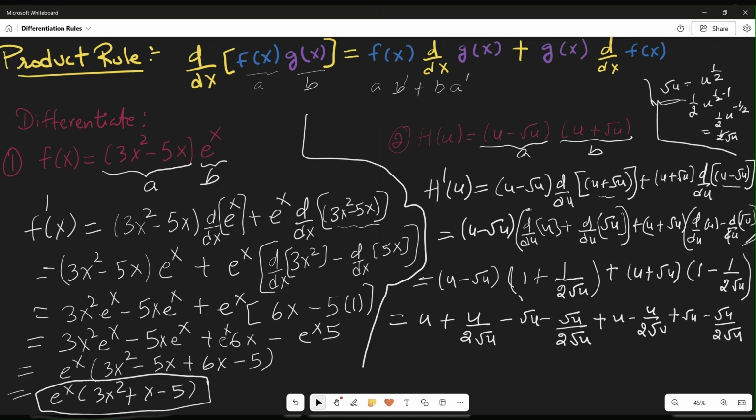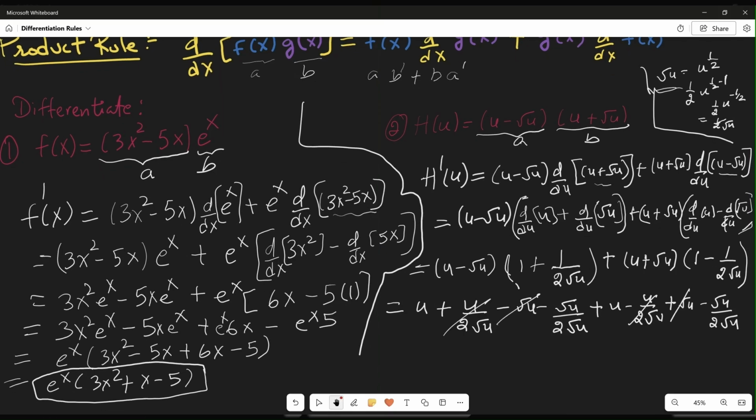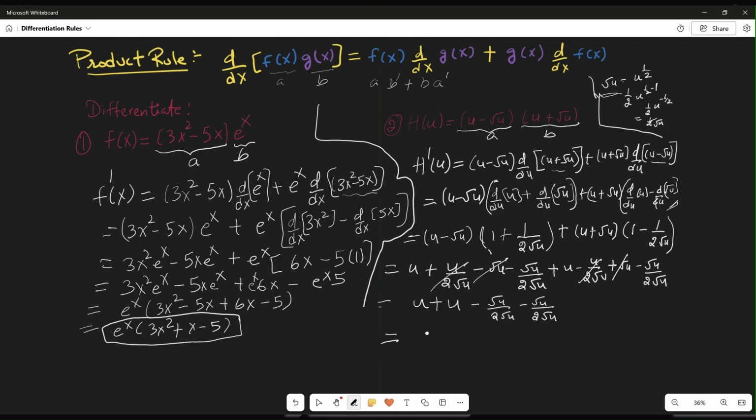Now, looks like we have some similar expressions here. So negative square root u cancels out with positive square root u. And this positive is being cancelled out with this. And what we have here is u plus u, which is 2u.